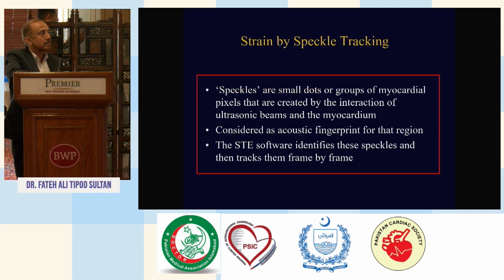So what is a speckle? Speckles are small dots or groups of myocardial pixels that are created by the interaction of ultrasonic beams and the myocardium. And they are considered as acoustic fingerprints for that region. And the speckle tracking echocardiography software actually identifies these speckles and then tracks them frame by frame.